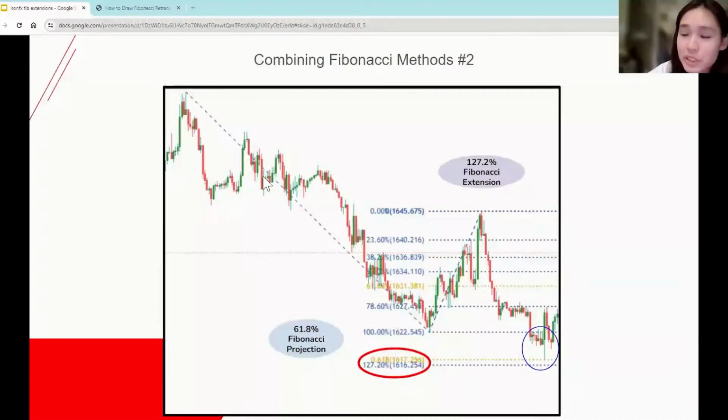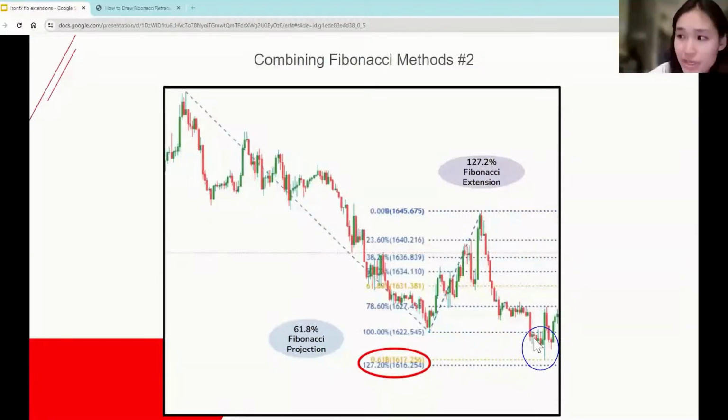For our projection, we are looking at the starting point here, middle point here, and ending point at the swing high. For projections, we use 61.8, 78.6, and 100%. So here we're looking at 61.8, which lines up nicely with our 127.2% extension level.